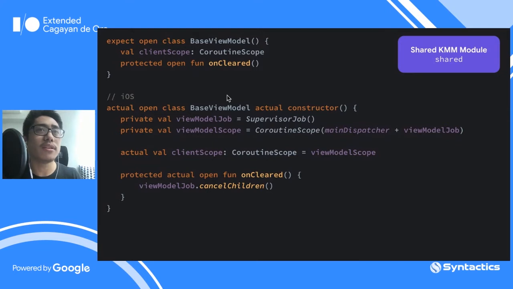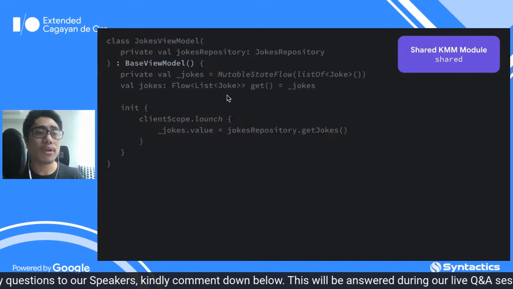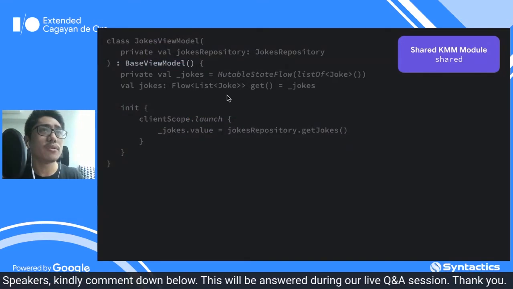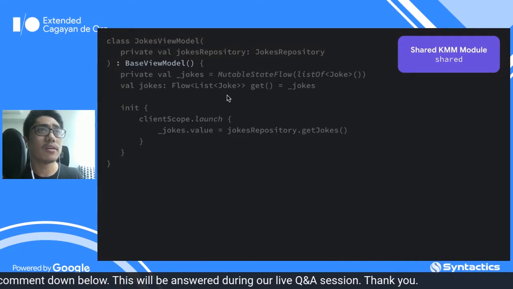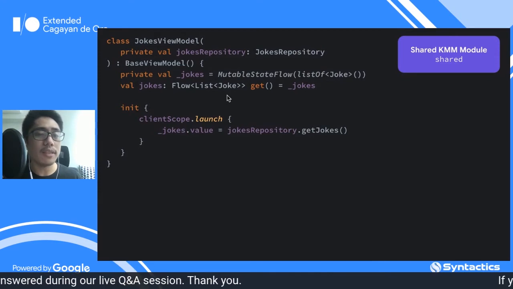What I'm saying is that we're just defining different implementations on the platforms. By doing this, we can call this and use this in our Kotlin code. So going back to our Kotlin code, what we just need to do is add this base view model here. And when we use this on Android, it's going to get the right implementation.